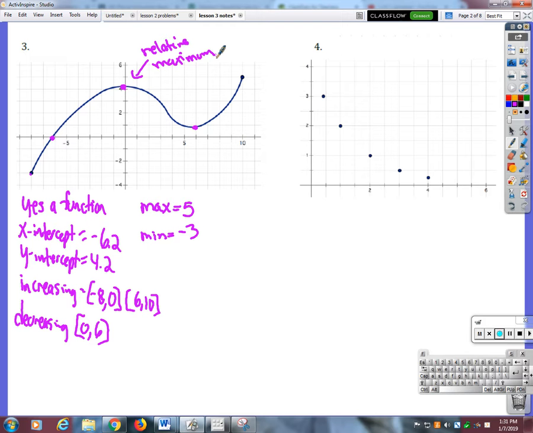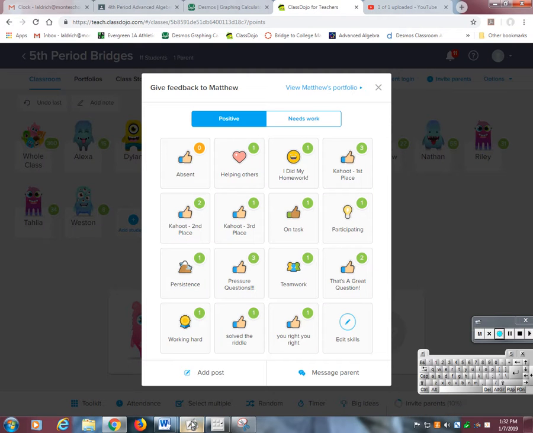I'm a relative maximum because I'm the tallest guy in the room, but I'm not a maximum because I'm not the tallest guy on the planet. This one right here would be called a relative minimum. Just so you know. All right, then the next question is domain and range.